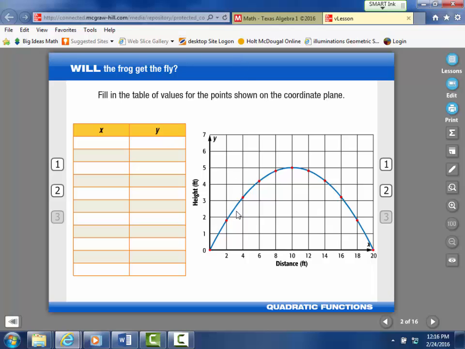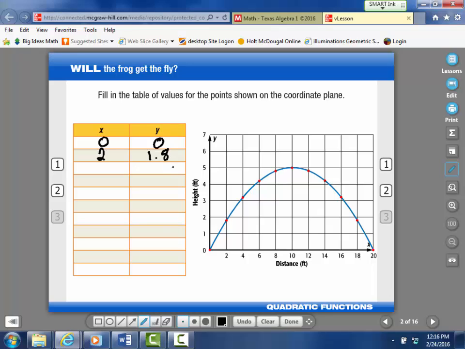Okay, so right here, this first point appears to be 0, 0. So we're going to write in our table 0, and then 0. That's our starting point. And then here we came over 2 feet and went up not quite to 2. We're going to estimate that as 1.8. So 2 and 1.8.